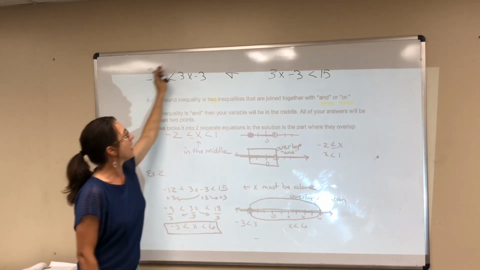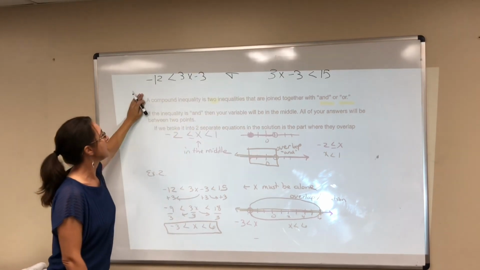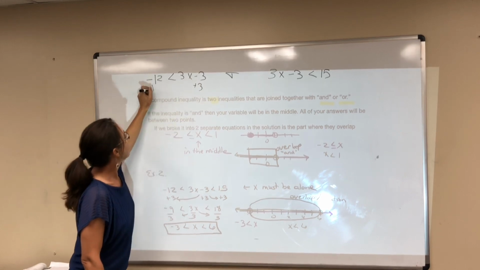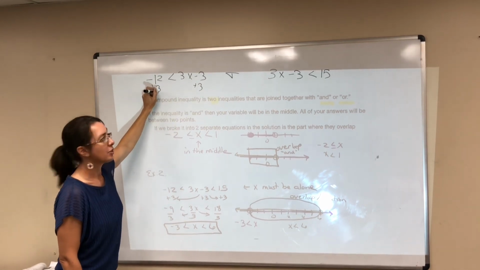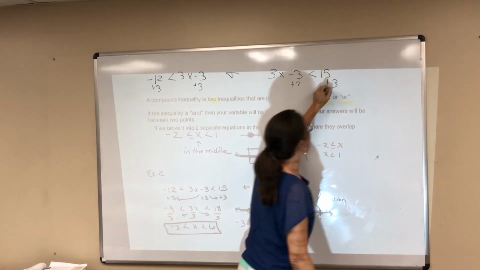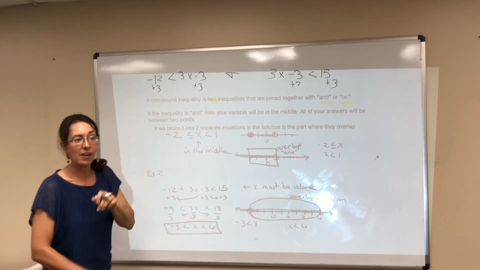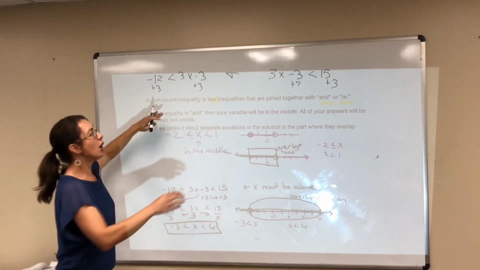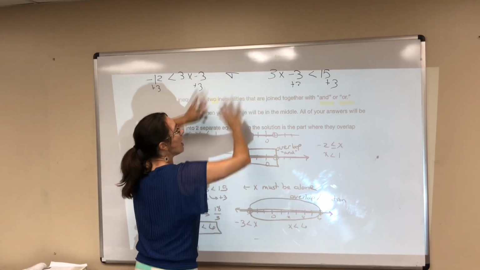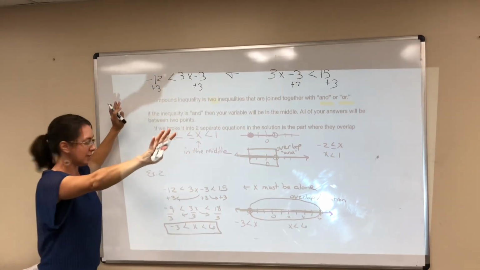Okay? So if we solved it separately, I would need to add 3 and add 3, correct? And on this side, I'd also need to add 3 and then add 3 if I was solving them separately. So what we can see is that whatever was in the middle affected both sides.